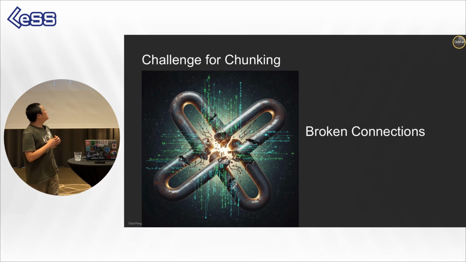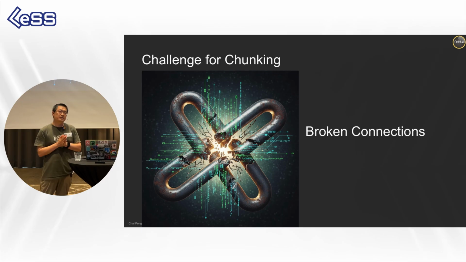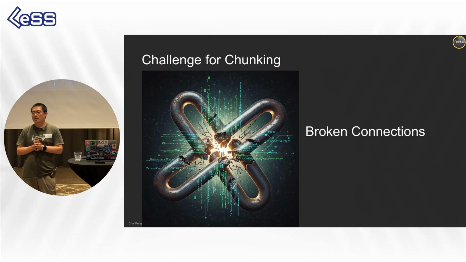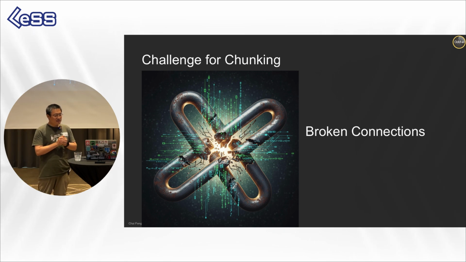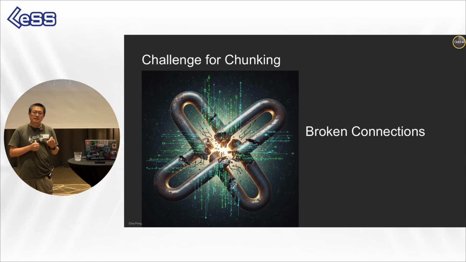The third challenge for chunking is broken connections. For example, how does a Java service depend on a C++ library, or a C++ library depend on a Rust library? Often this kind of connection is hidden in the complex build scripts in our pipeline.